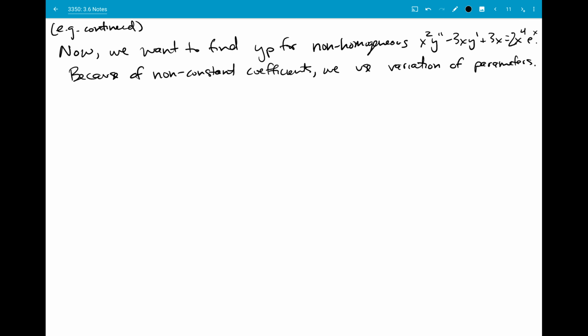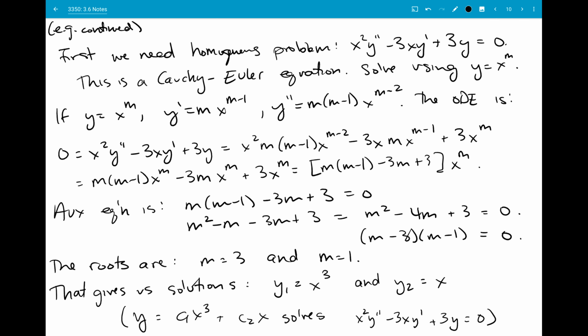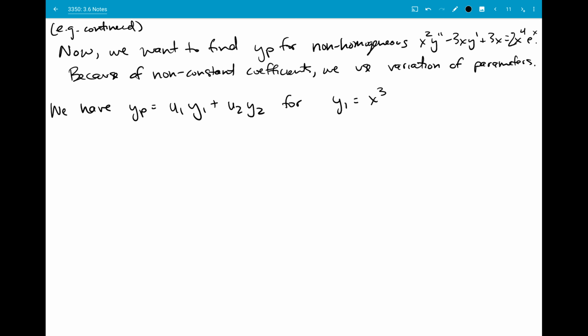So y sub p is equal to u1 times y1 plus u2 times y2, for y1 and y2 from our homogeneous problem, so y1 is x cubed and y2 is x. And then we solve for u1 and u2 using our Wronskians from that section, or just our formulas if we want to refer back to that.